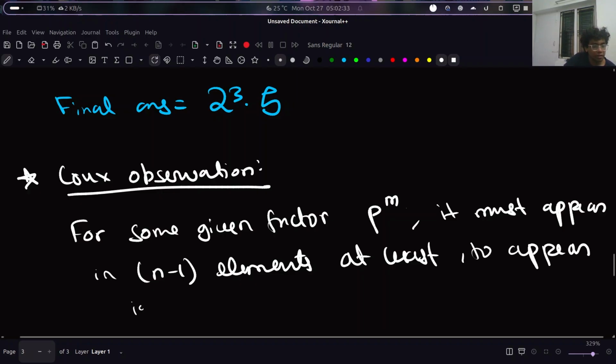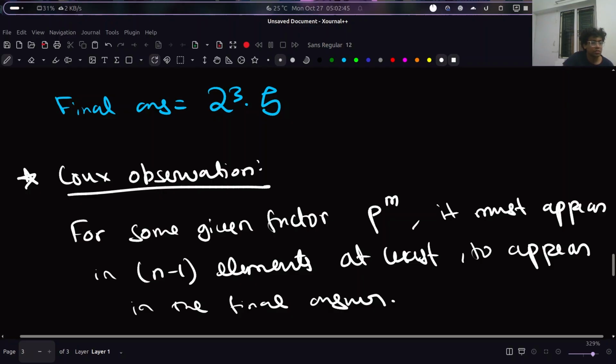Why n minus 1 elements? Because we need every pair to have this factor. If there were n minus 2 elements, then we could choose that pair and not get this factor in the final answer. So this is our crux observation.